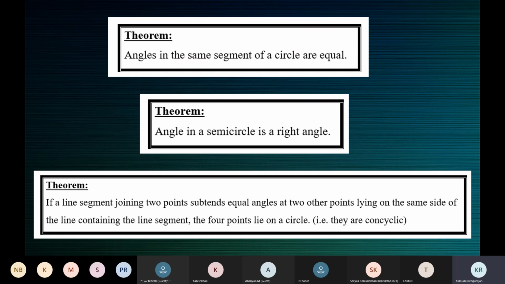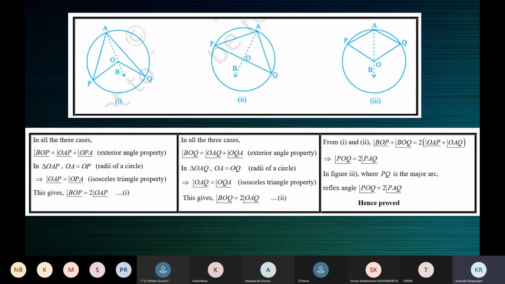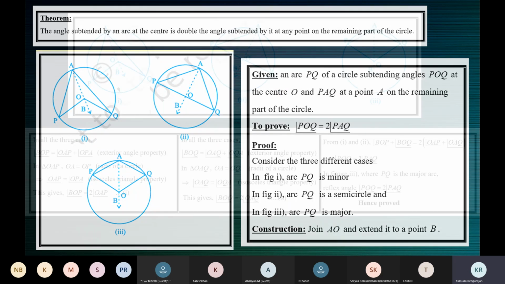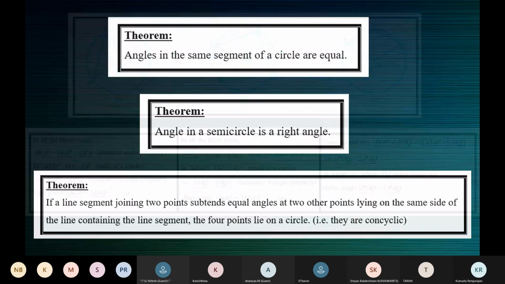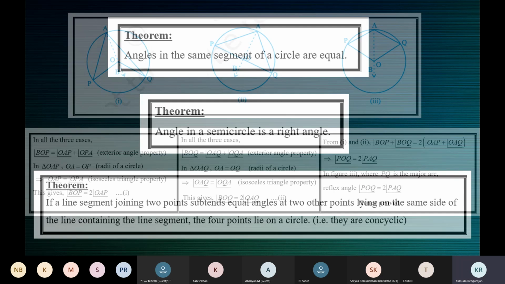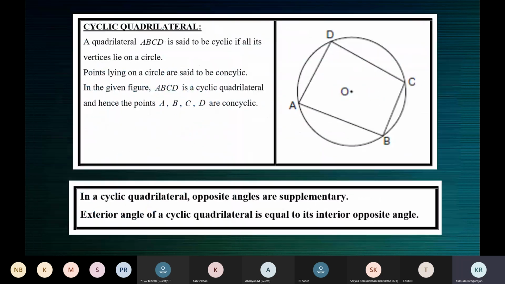So this is the main theorem: the angle subtended by an arc at the center is double the angle subtended by it at any point on the remaining part of the circle. Theorem 1, angles in the same segment of a circle are equal. 2, angle in a semicircle is a right angle. 3, we also know some properties of a cyclic quadrilateral.